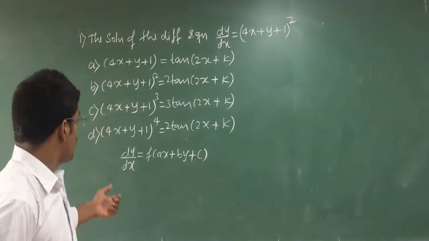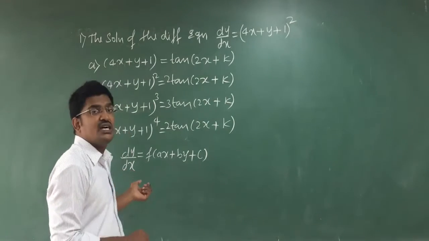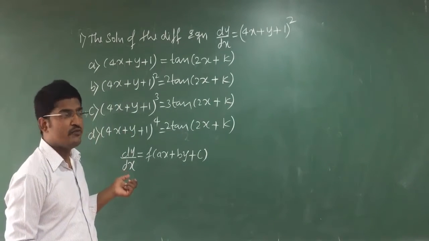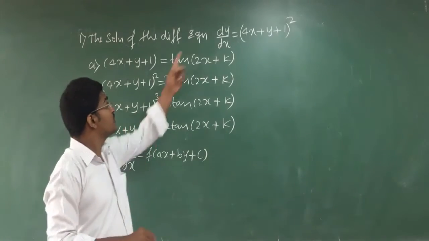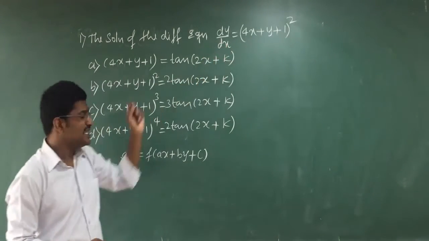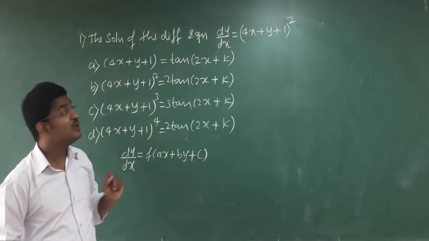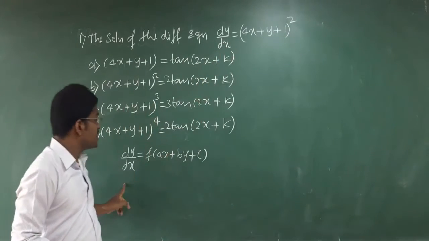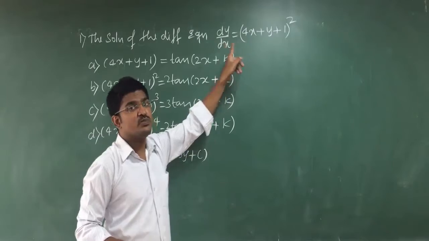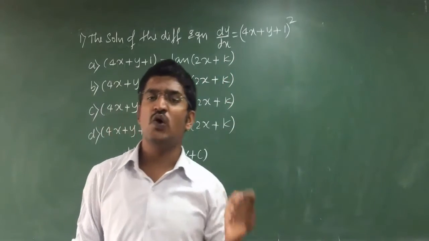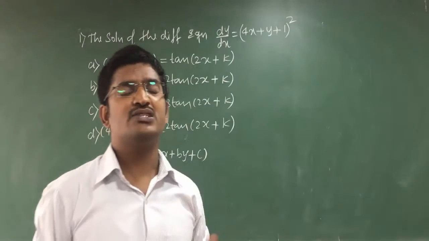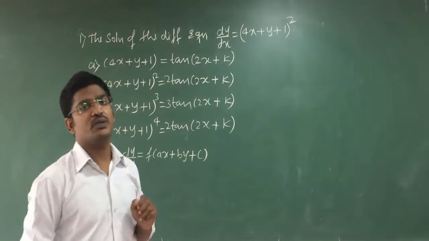For this particular method, this is a must. So I will check whether the given differential equation is in this form. Here it is 4x plus y plus 1 whole square, so it is in the form dy by dx equal to f of ax plus by plus c.